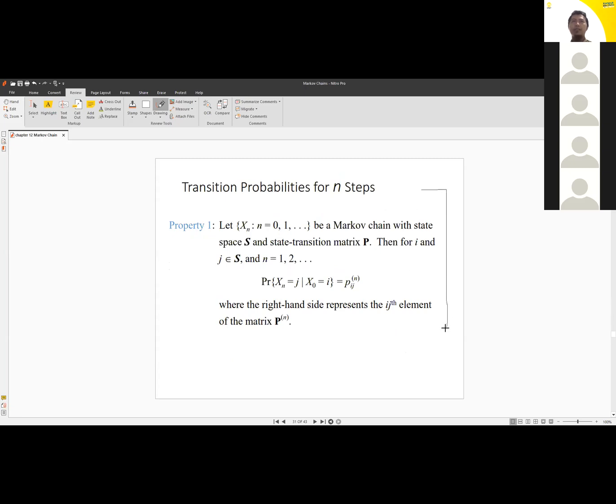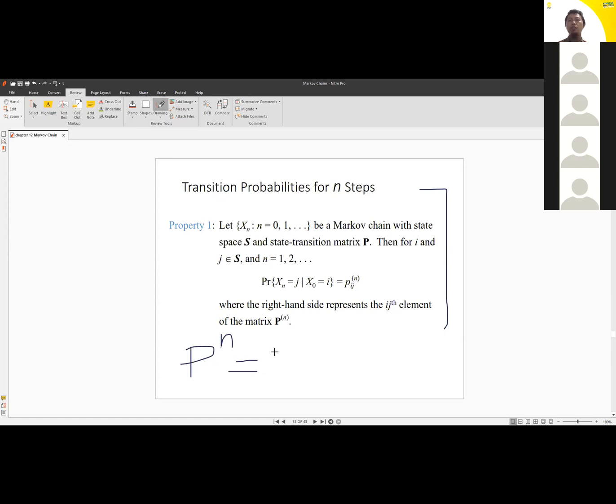The transition probability for n steps means that we have to multiply the matrix n times. So if we have n steps, we have P to the power of n.